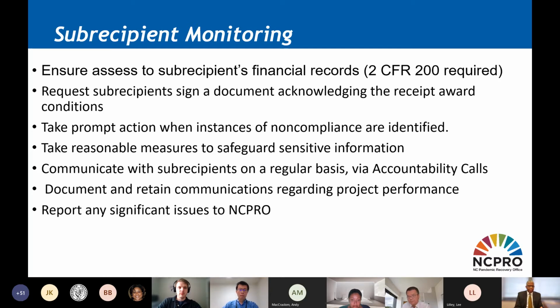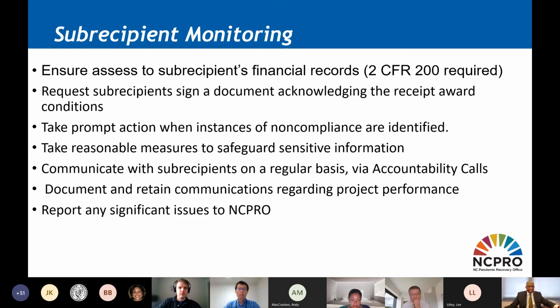You should have this in your memorandums of agreement with your subrecipients, but I'll emphasize that it is important that you ensure you have access, and that the subrecipient knows that access to their financial records is a requirement.